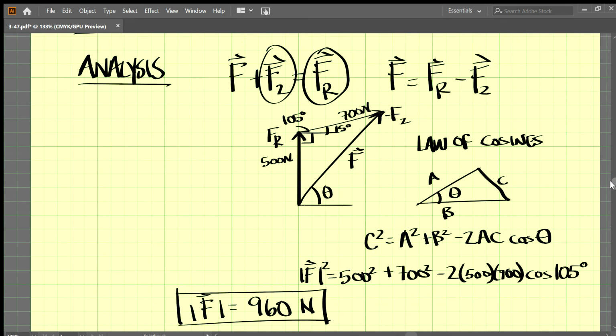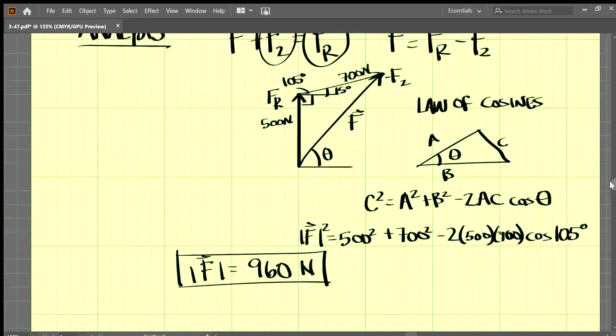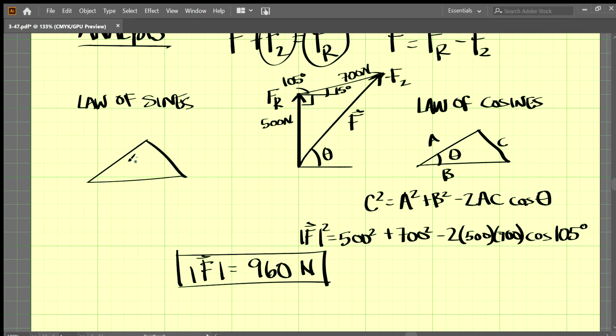Okay, so we've solved this part of the problem, and now we need to solve for theta. Well, theta is this angle here, all right? We have another geometric property, which is called the law of sines. I'm just going to draw another triangle. All right, we can call the sides A, B, and C again.